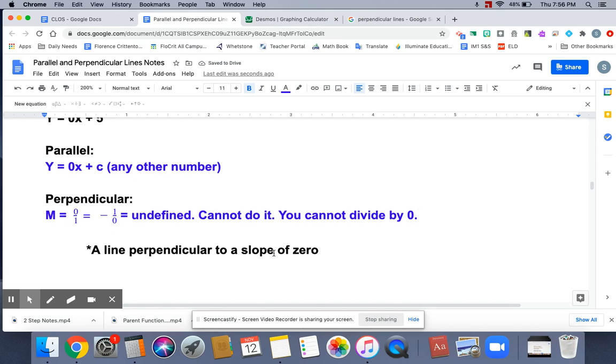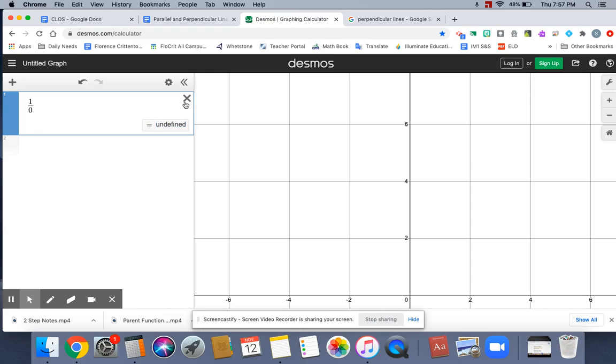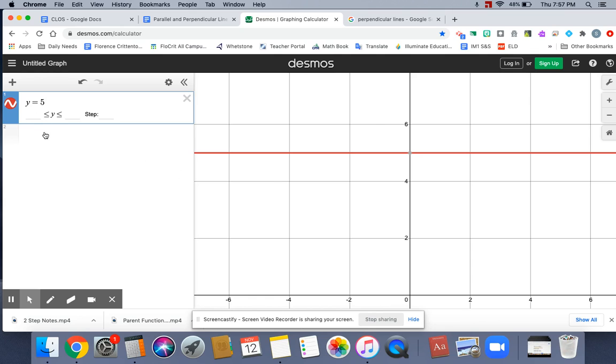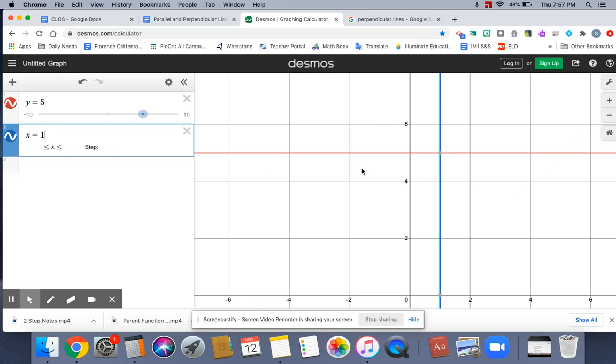So a line perpendicular to a slope of 0 is not a function. The answer to this ends up being something like x equals 1, because then it goes this perfect up and down line and creates this perfect cross between the red and the blue.